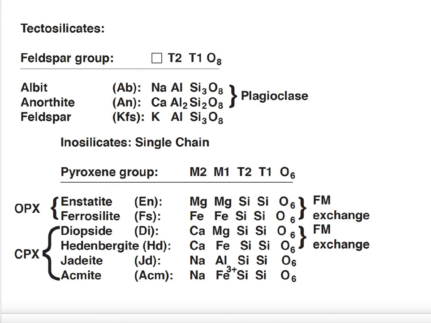We are doing the next best thing with our diopside. We are making an Fe-Mg exchange. So that means we are replacing magnesium on the M1 site with iron. And then we are forming the iron end member, and this iron end member is called hedenbergite with the mineral chemical formula calcium, iron, Si2O6.